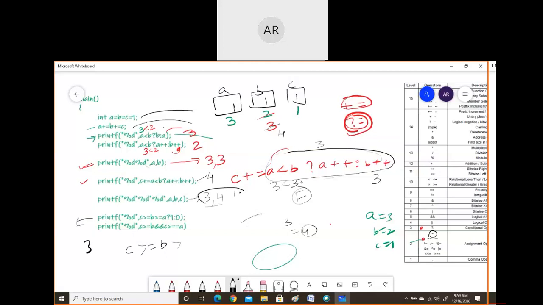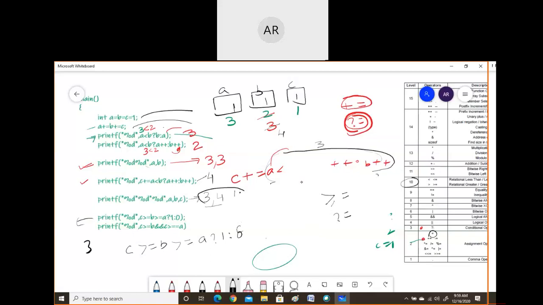In the same way, we can try this statement also. Let me write it. This statement will be c equal to c greater than equal to b greater than equal to a question mark 1 colon 0. So we can think about what will be the output of this program.